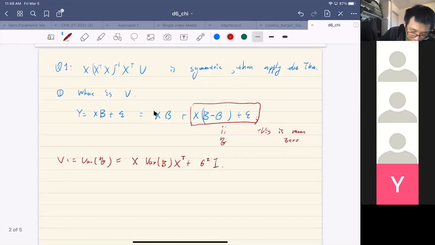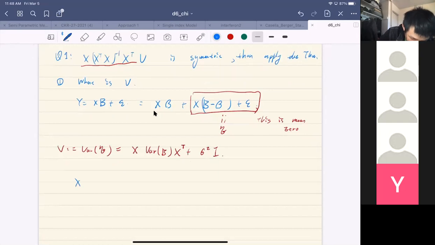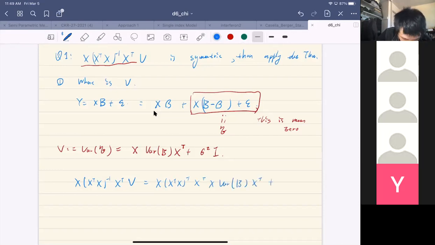So we multiply this: X variance of B X transpose plus these two, so it's sigma square X transpose X equals X transpose.